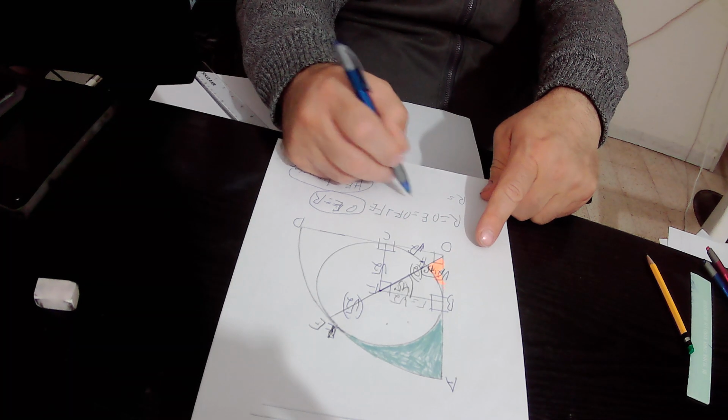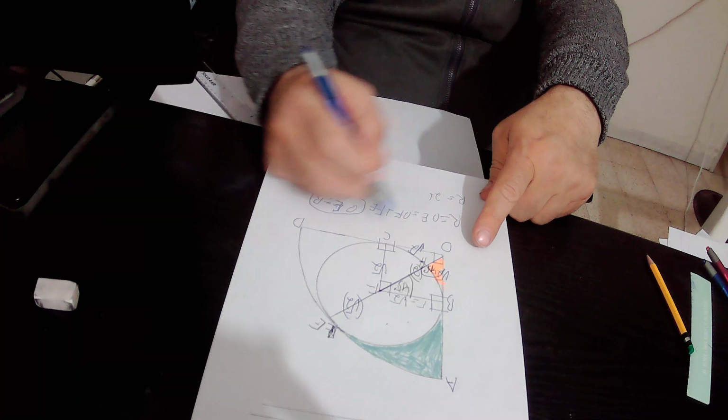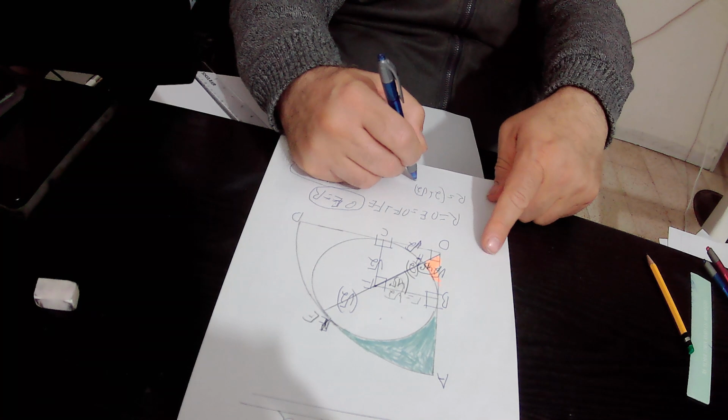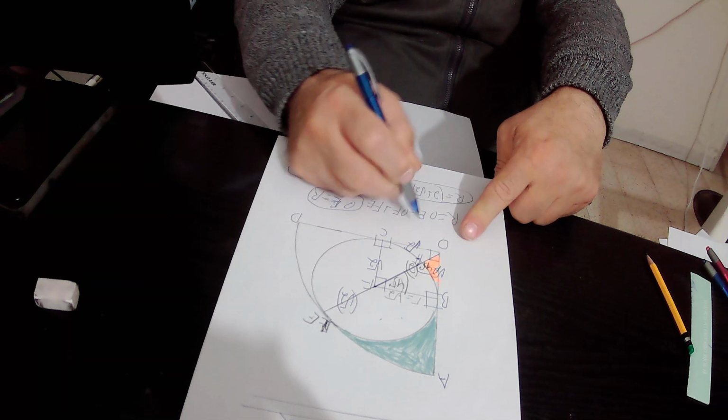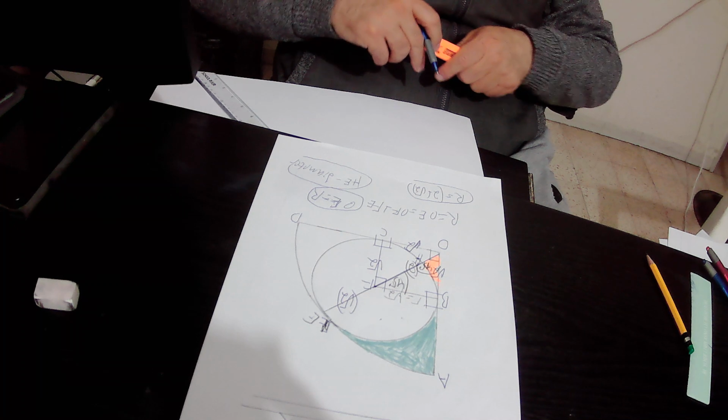OF is 2, plus FE is the square root of 2. So in conclusion, the radius capital R of this quarter circle equals 2 plus the square root of 2.